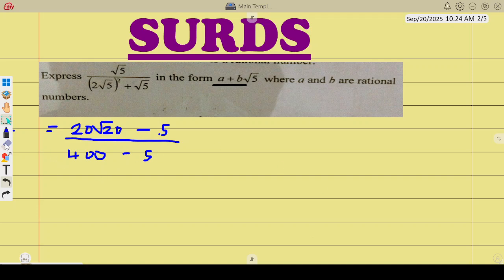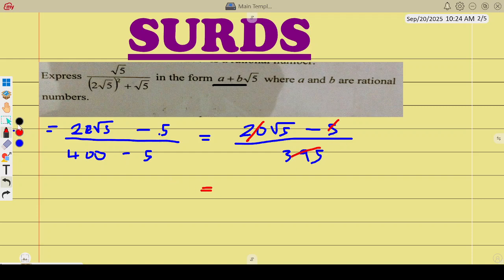So what are we going to get? We're going to have 20. What was this? This is root 5. So we have 20 root 5 minus 5 over 395 when we subtract these, and then here we can divide throughout by 5.